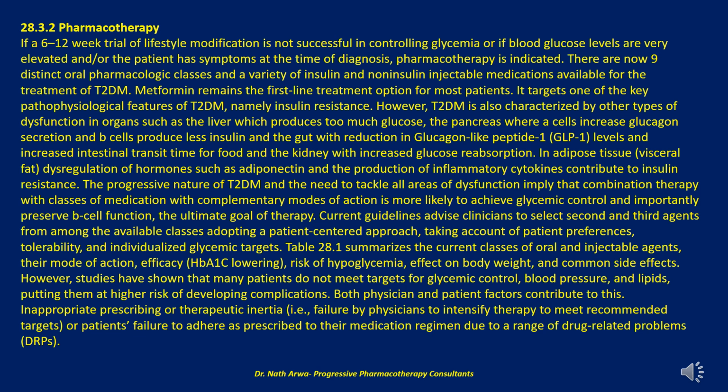However, type 2 diabetes mellitus is also characterized by other types of dysfunction in organs such as the liver, which produces too much glucose, the pancreas where alpha cells increase glucagon secretion and beta cells produce less insulin, and the gut with reduction in glucagon-like peptide 1, abbreviated as GLP-1, levels and increased intestinal transit time for food, and the kidney with increased glucose reabsorption.